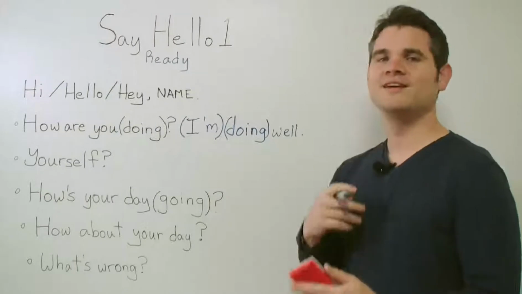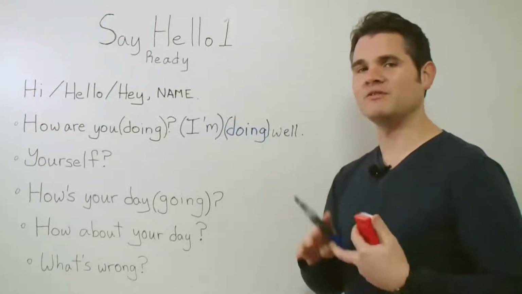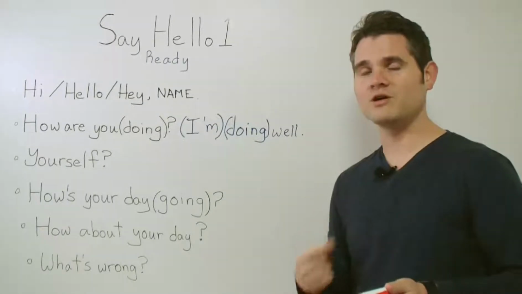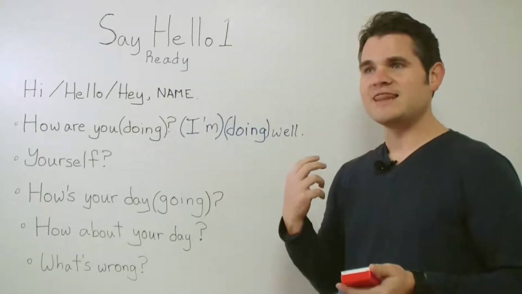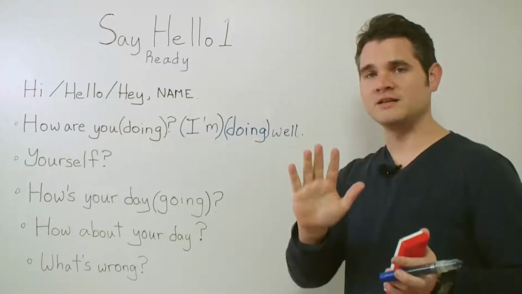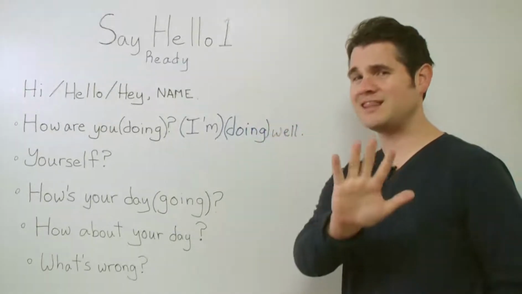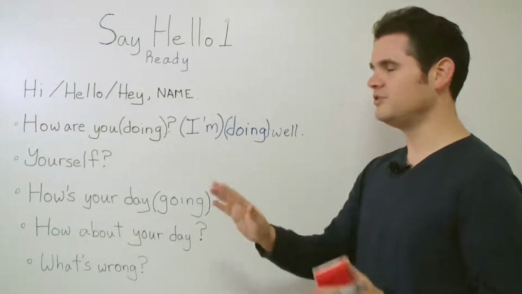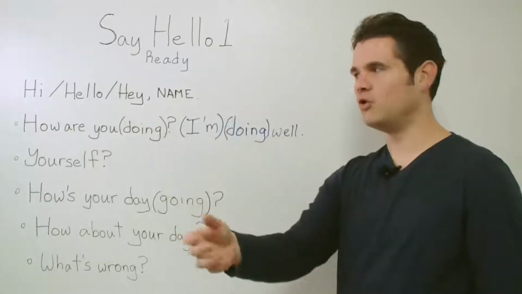Well. Just understand, whenever you give a one word answer, that this is going to be very short, it's going to be very blunt, and the person that you respond to may think that you don't want to talk anymore. So usually you want to focus on giving a full answer.